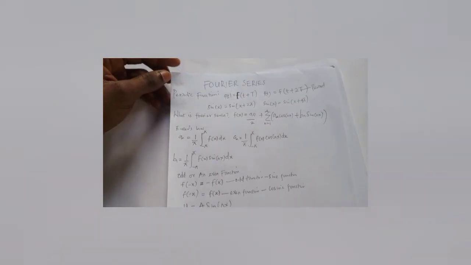So this is how to calculate the period and amplitude of a function. This is an introduction to the Fourier series, and we'll solve an example and see how we can use Fourier series to solve an equation.